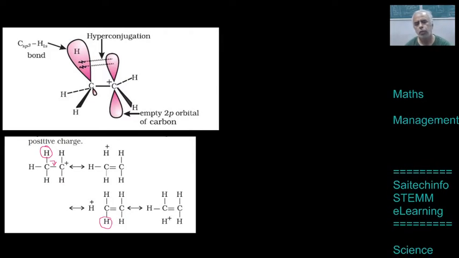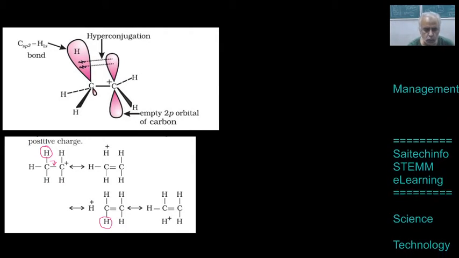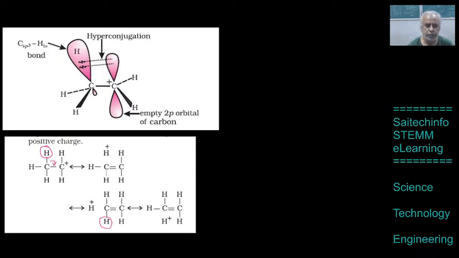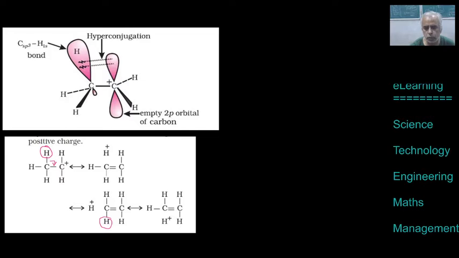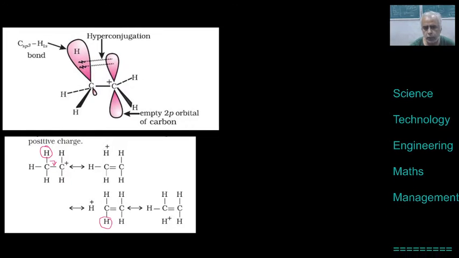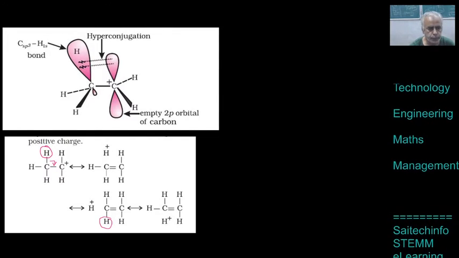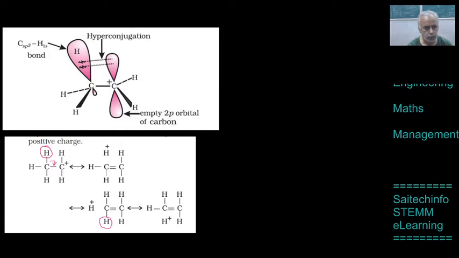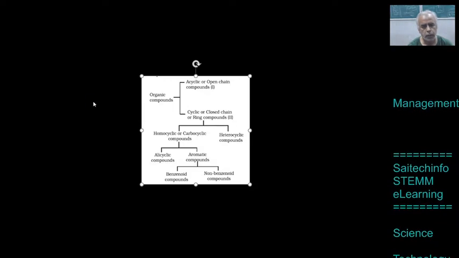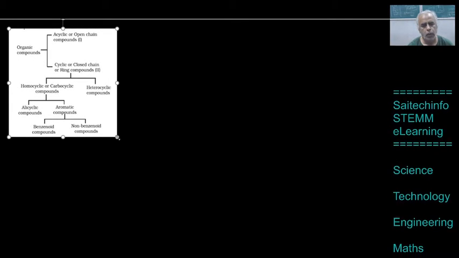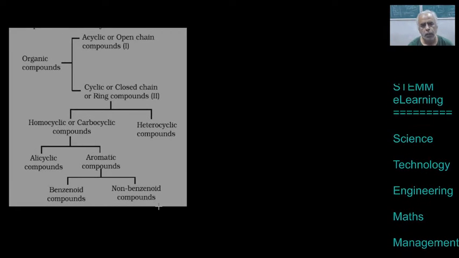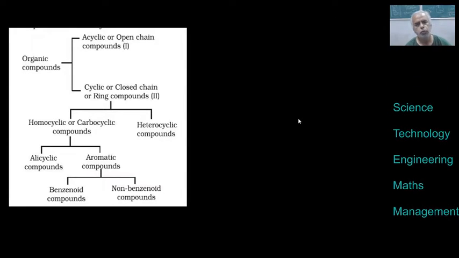Okay, so now let us focus more on the cyclic compounds. Previously we already discussed the open chain acyclic compounds. Let me explain about the cyclic compounds. In organic compounds we have two major varieties.